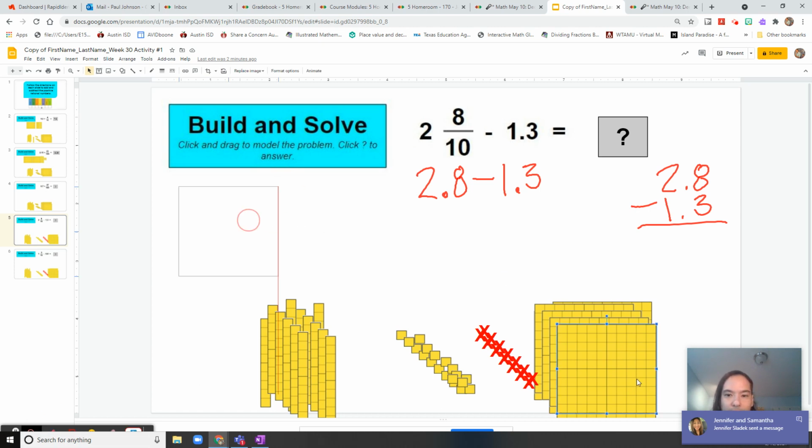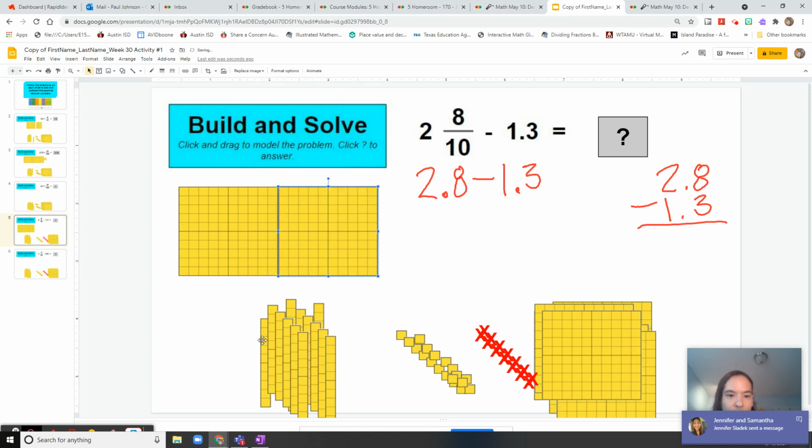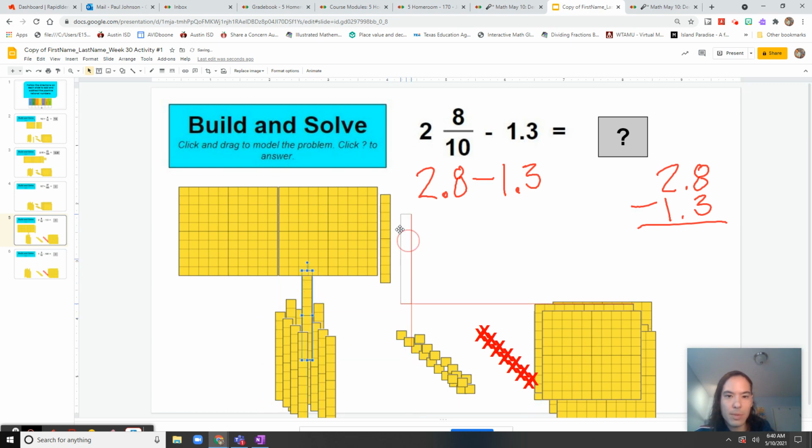So let's try it. I'm going to take 2 and 8/10. And once I get 2 next to each other, I think I'm going to copy and paste. And so when we're doing subtraction, remember the red X's are to take away.